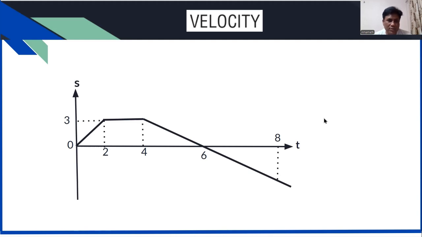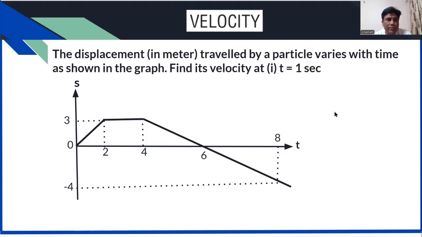So what is my question? I'll ask you the velocity at different points, to some extent the same as speed, but you will understand the difference here step by step. So first, this point's coordinate also -4, okay? You see, the displacement in meters traveled by a particle varies with time as shown in the graph.